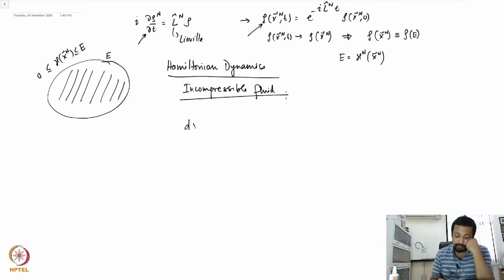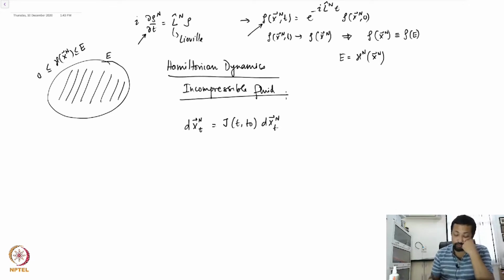So which means that, let's say, if I look at the volume element dxN at a time t, I have a Jacobian that connects it to the volume element dxN at t0, right?